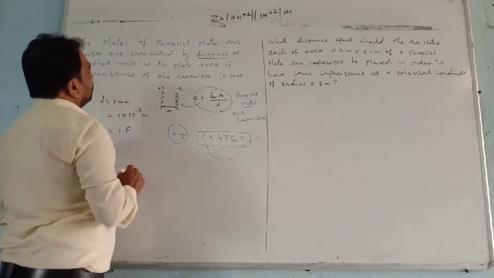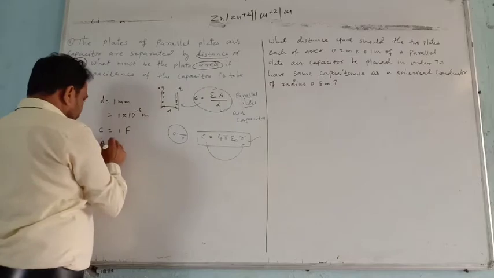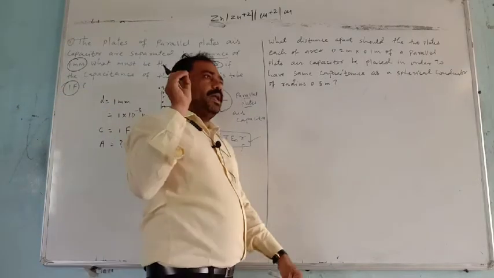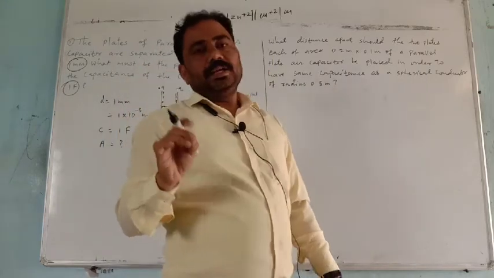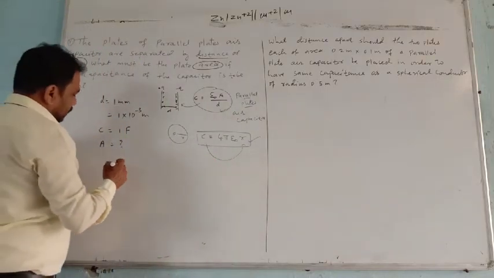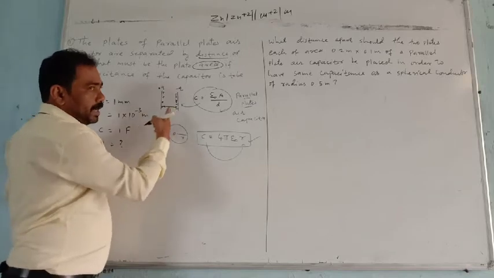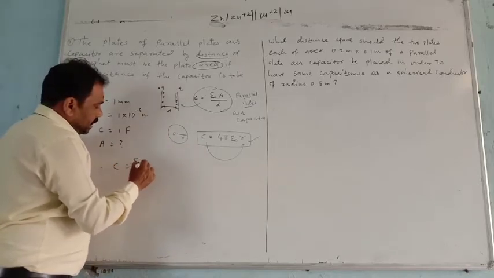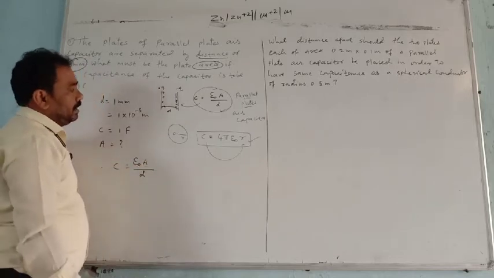Then we have to find the plate area, capital A. If two parallel plates are there, definitely you can use this formula: the capacitance of parallel plates is equal to epsilon naught A upon distance.